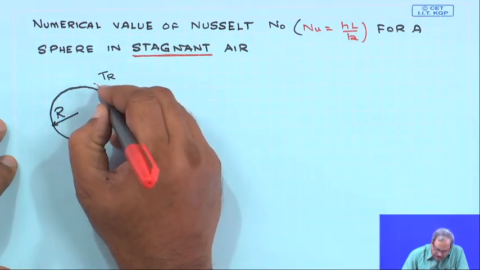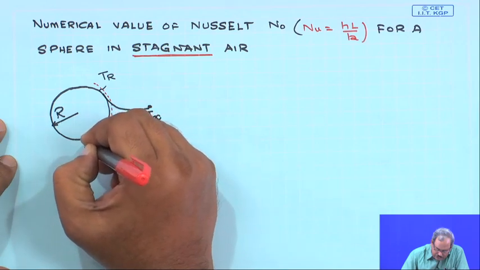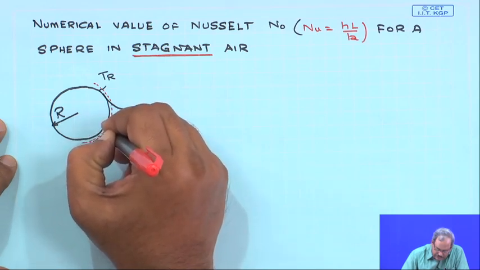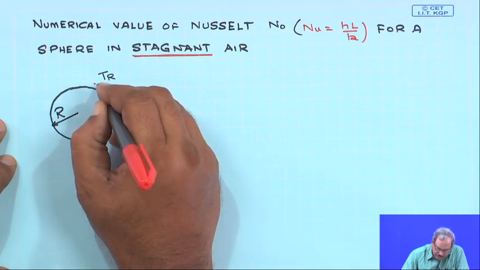So, for this let us assume a thin shell of air surrounding the hot sphere. Okay.